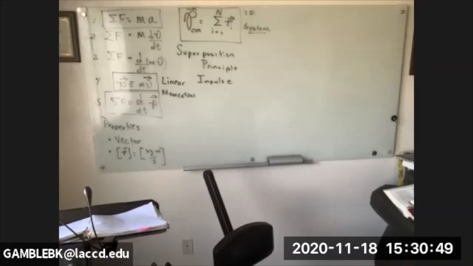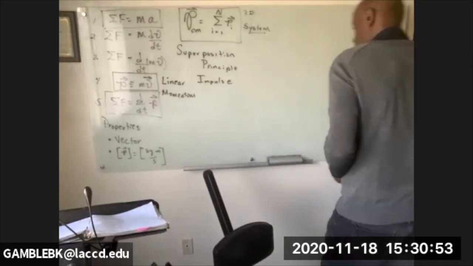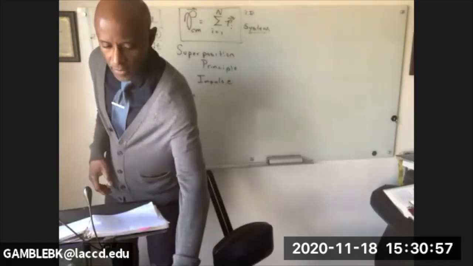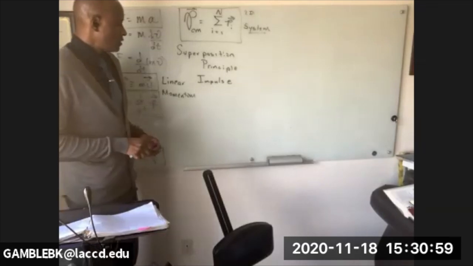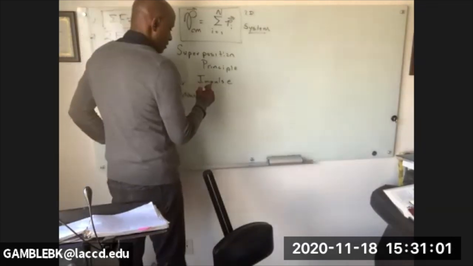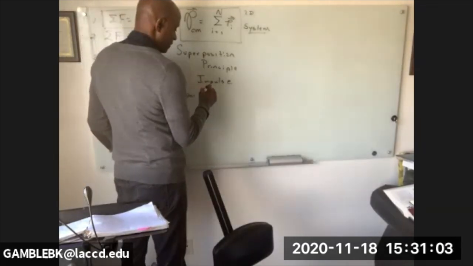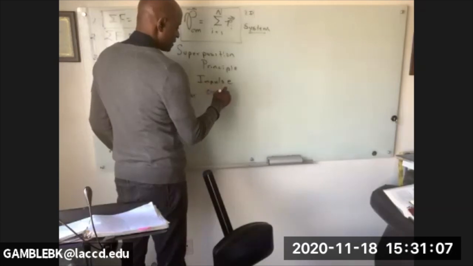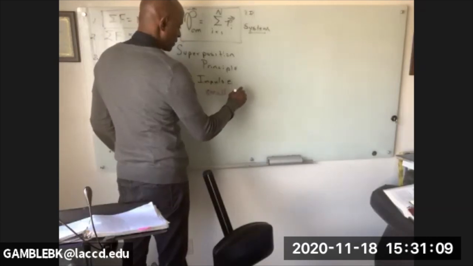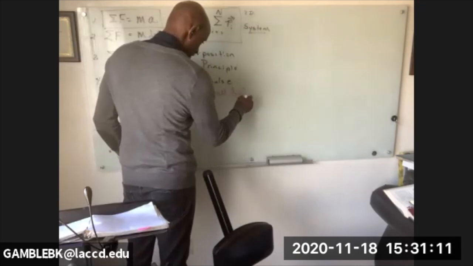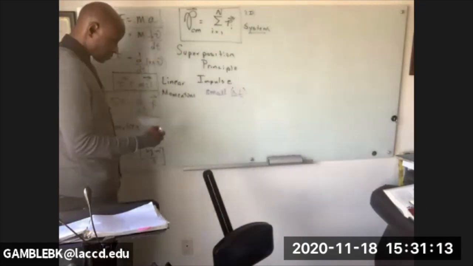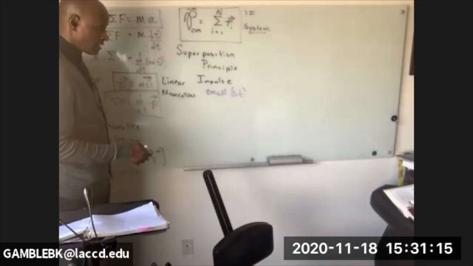So impulse implies that whatever the action that's happening, whether it's a thought process or an action, is happening over a relatively short period of time. A small delta t is inherently associated with impulsive decisions.